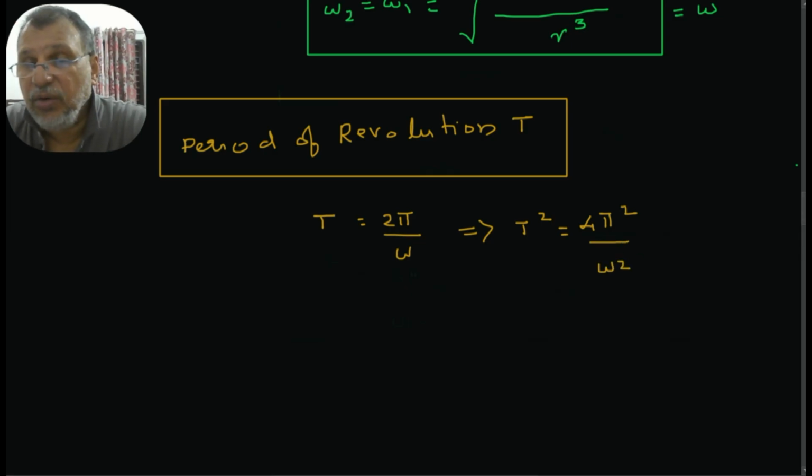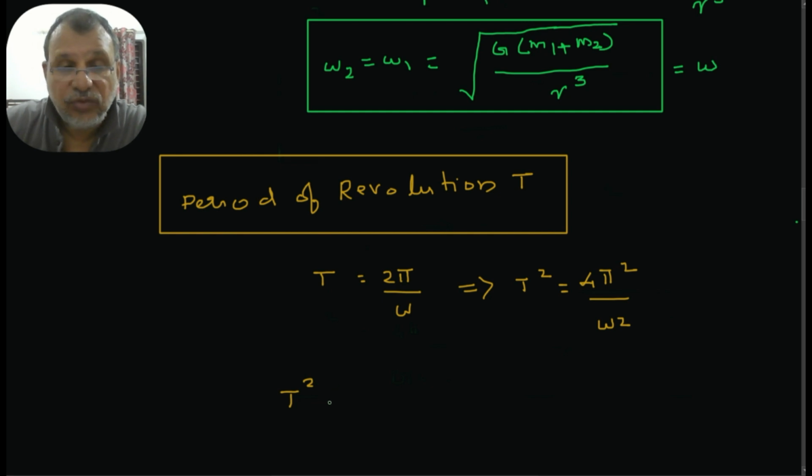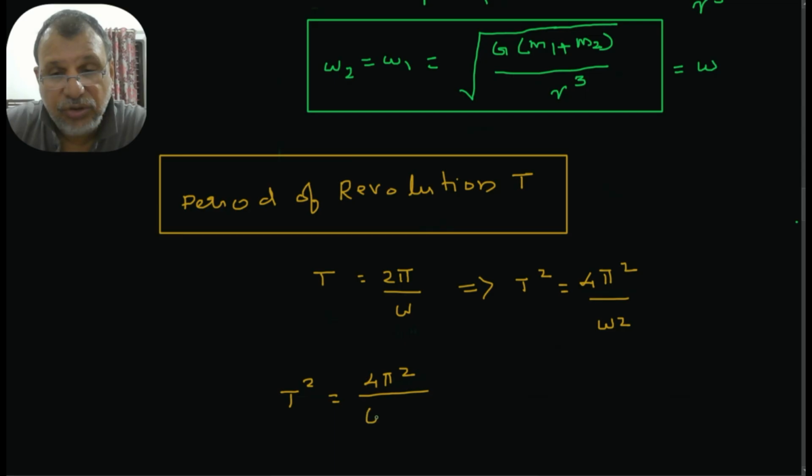We know the omega value. You square it, the square root will get removed, and then R cube will go to the top. G times M1 plus M2 comes to the denominator, so you will get the expression T squared is equal to 4 pi squared R cube over G times M1 plus M2.